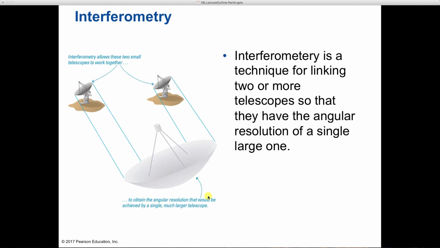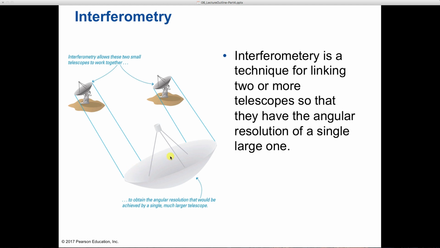So this is the idea: you get light collected by this telescope and light collected by this telescope. They're a certain distance away. Well, that's the same as if the light coming into this telescope hit this part of this huge telescope, and the light coming into that telescope would have hit that part of this big telescope.